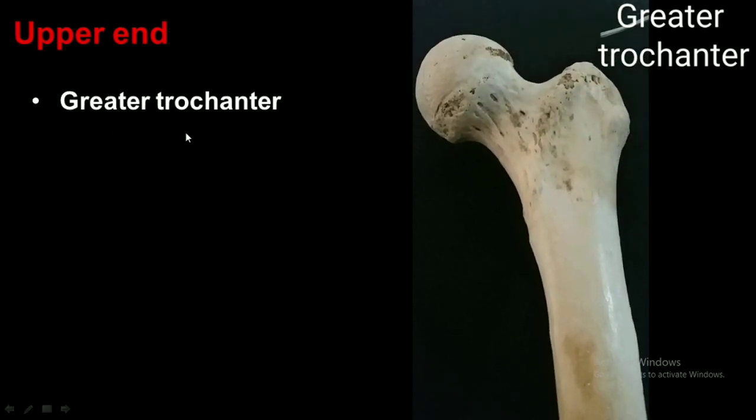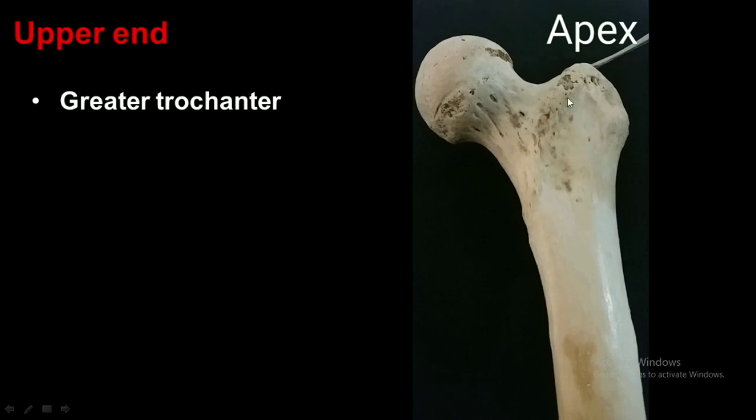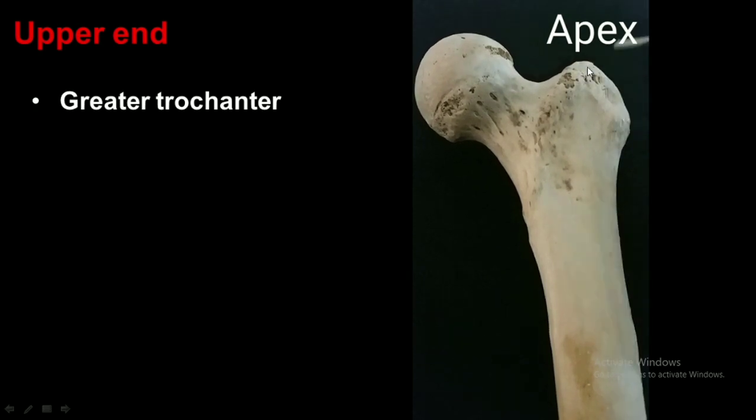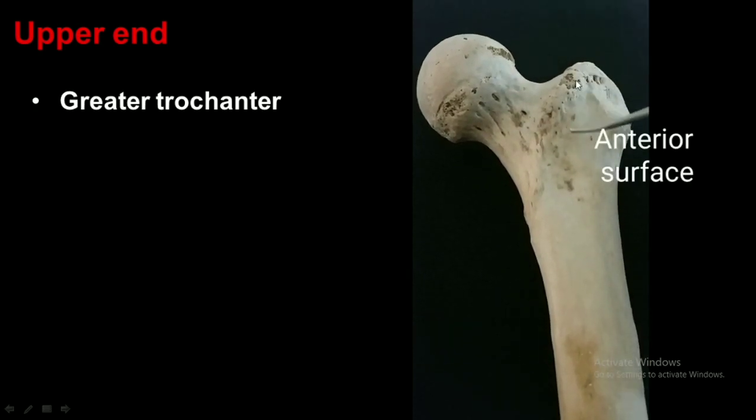Upper end. Another feature, that is the greater trochanter having the apex. This is the anterior surface.